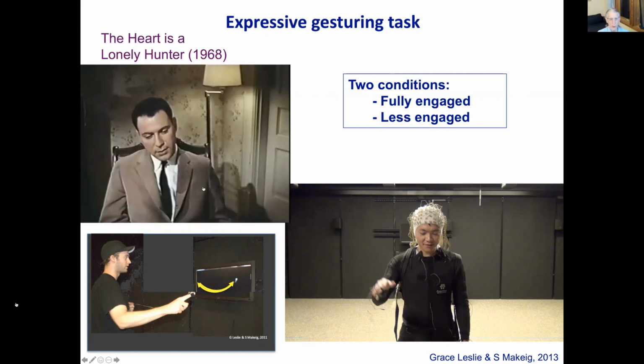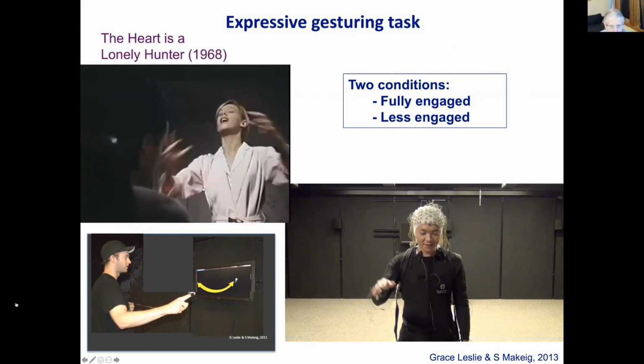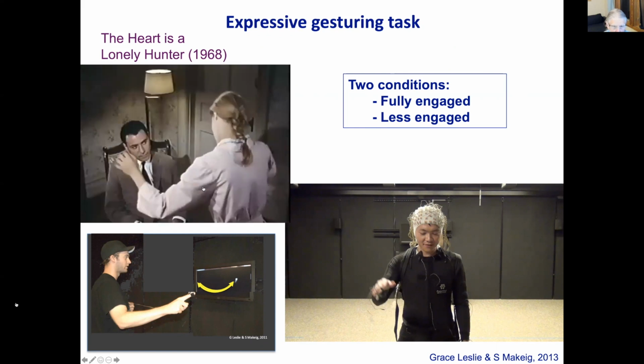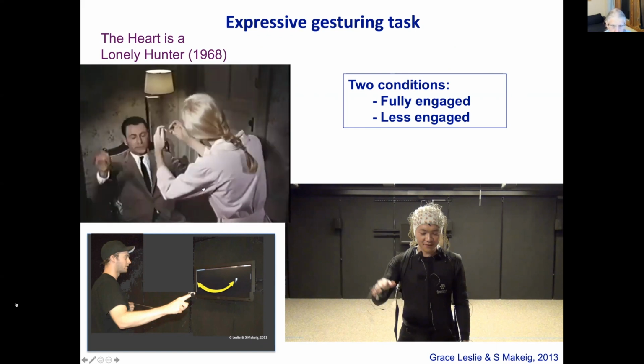I will keep going. In the lower left, you see a screen on which the position of the subject's finger is transduced into a position of a white moving ball.